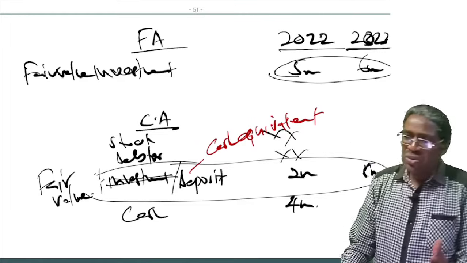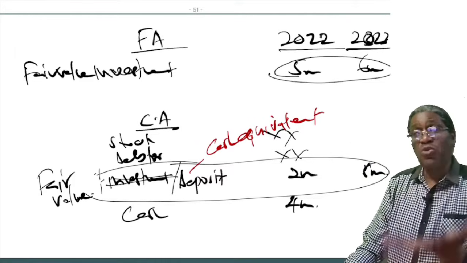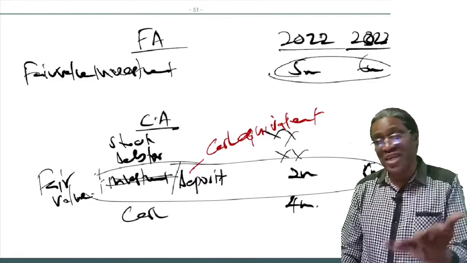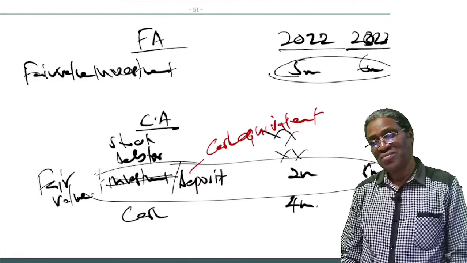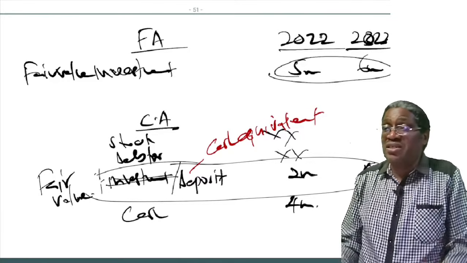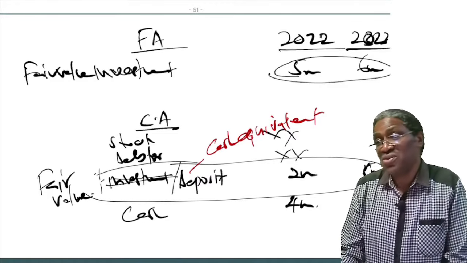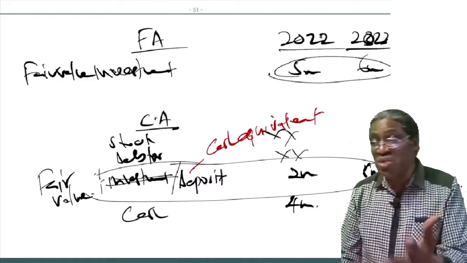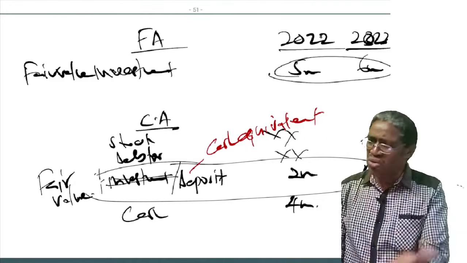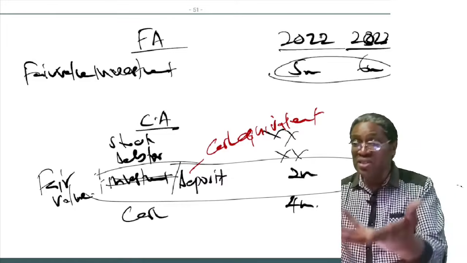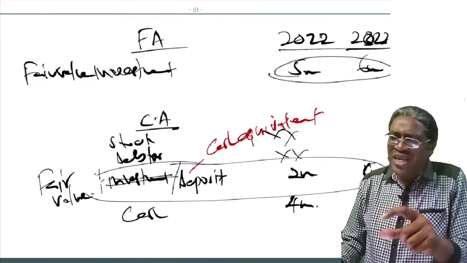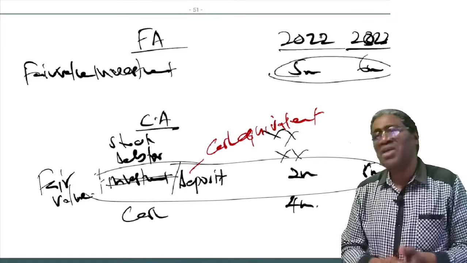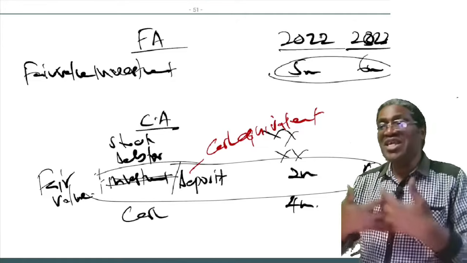So for example, if you put your money in a fixed deposit account for 6 months, and after 2 months you need your money back, you still get back your money. What you only lose is the interest that the investment had earned. So you put the money in a fixed deposit account for 2 months, 3 months, and maybe after 1 week you feel you need your money back, the bank will give you back your money. What you only forfeit is the interest. So it's that kind of an asset that can easily be turned into cash within a short period of time. That's what we classify as a cash equivalent.